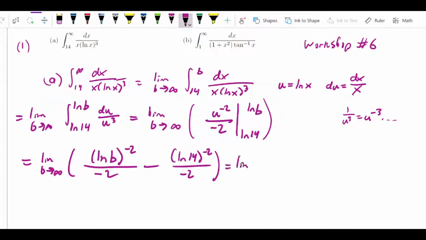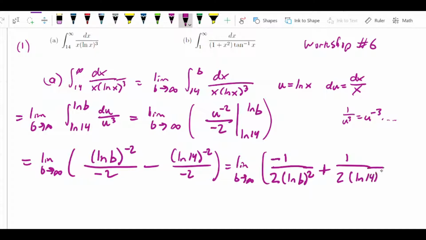So that equals the limit as b approaches infinity of, the first term written as negative 1 over 2 ln b squared. And then I'm subtracting a negative, so let's make that positive, and this is going to be 1 over 2 ln 14 squared.